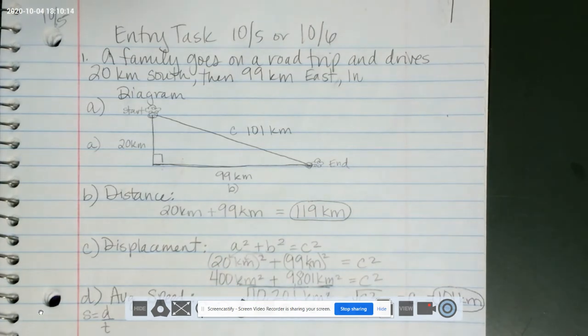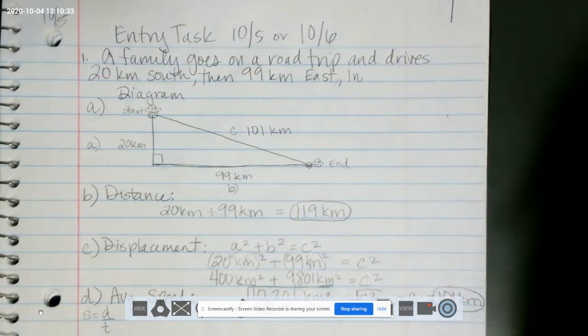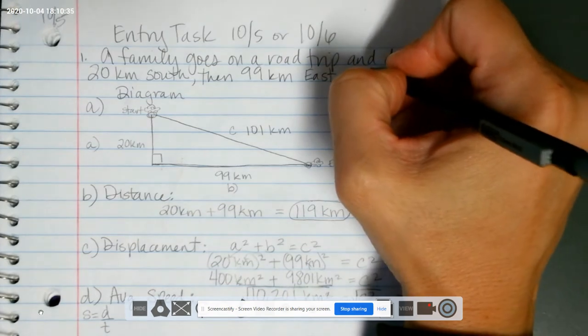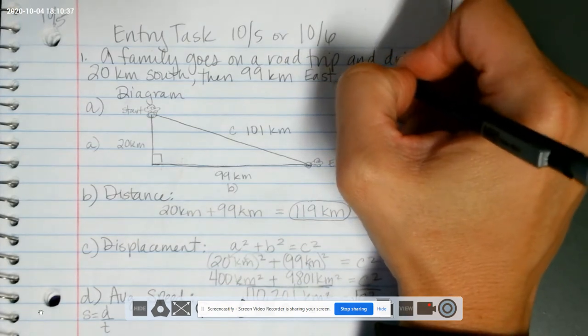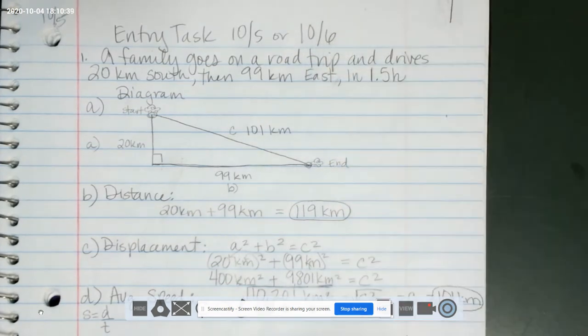Let me make sure I have the correct numbers in my calculator, because I already plugged it all in and solved it, and then realized I didn't write it down.